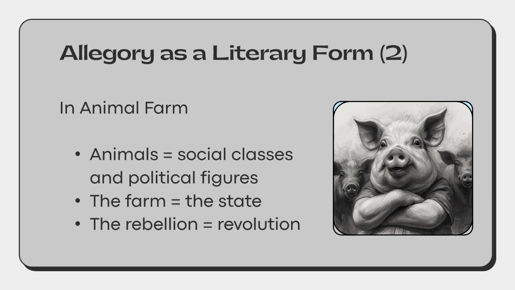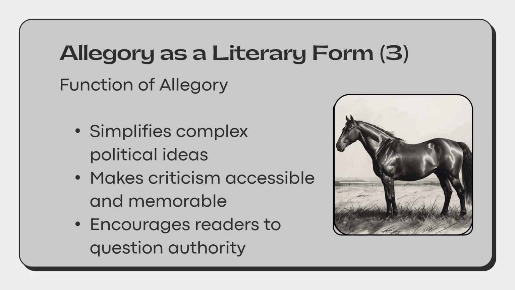Orwell uses allegory to make complex political ideas easier to understand, allowing readers to see patterns of power, corruption, and manipulation more clearly. So, here are the functions of allegory. It simplifies complex political ideas, makes criticism accessible and memorable, and encourages readers to question authority.